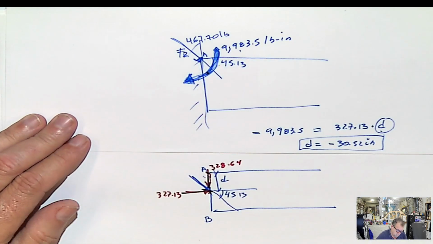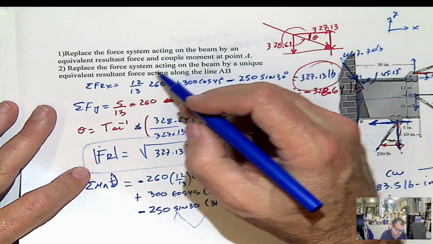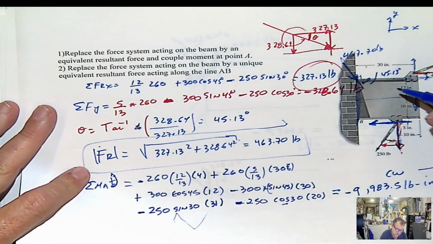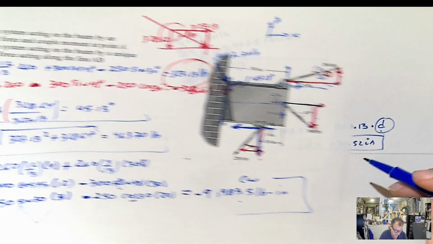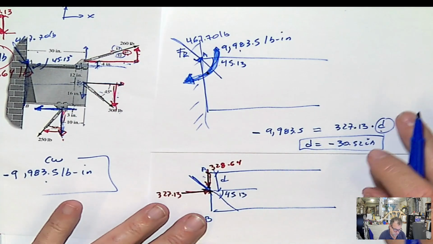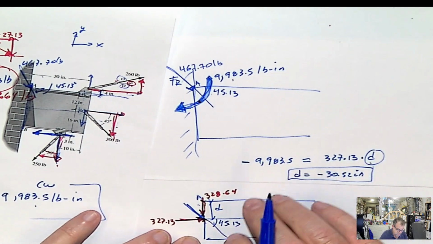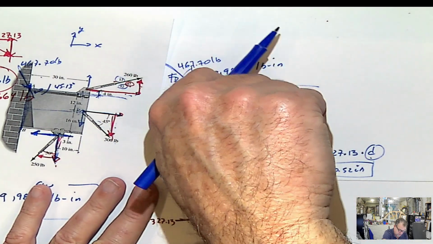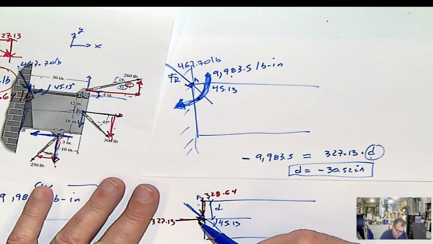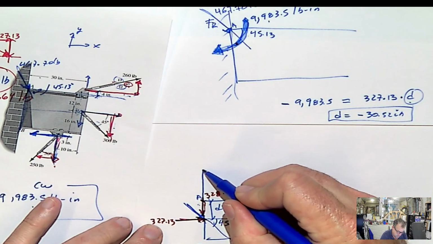So what the problem was asking you is to replace the force system by an equivalent force acting along the line AB. Guess what? It's not possible, because the problem is telling you no. The only way that I can produce this force like that is if this force is located above the line AB.